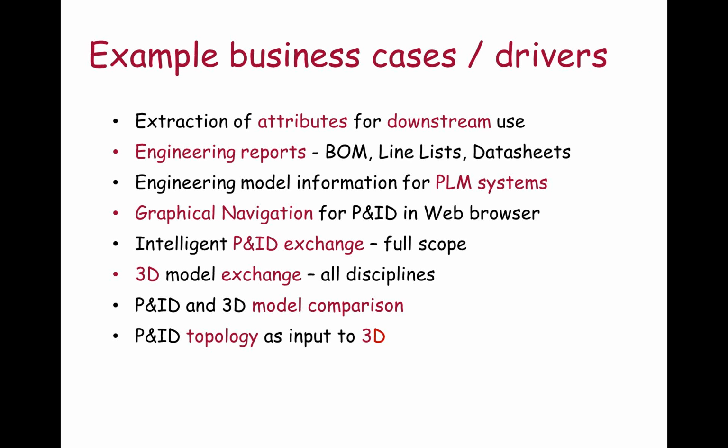So PNIDs from two different systems, or a PNID and a 3D model from different systems. Or indeed to use the topology that is in a PNID as the driver for the layout for the 3D. So these are all instances where having that neutral model is a tremendous business value.